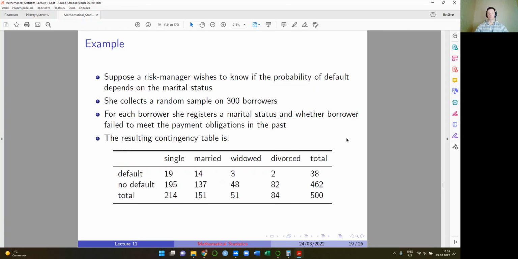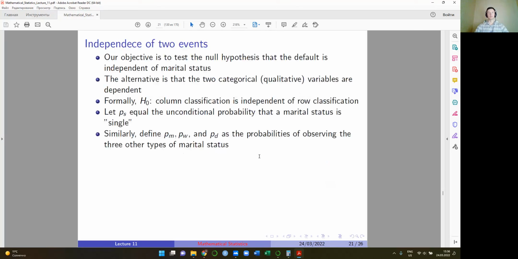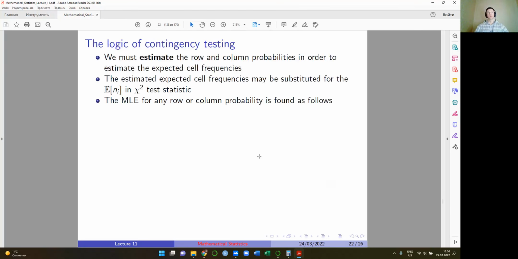For example, here, 137 is N22, so second row, second column. 82 is N24. Or this is N13. So this is the object that we are talking about. This is the observed frequency in row i and column j of the contingency table.